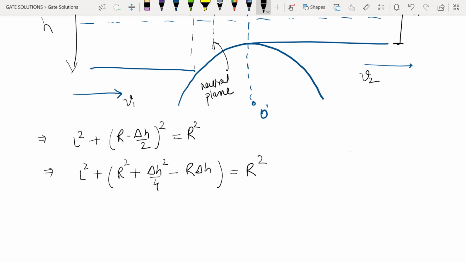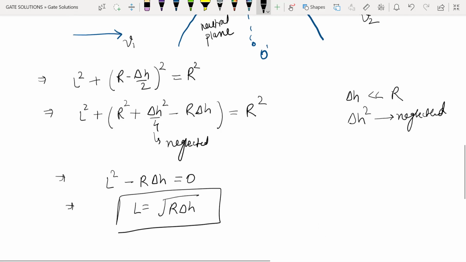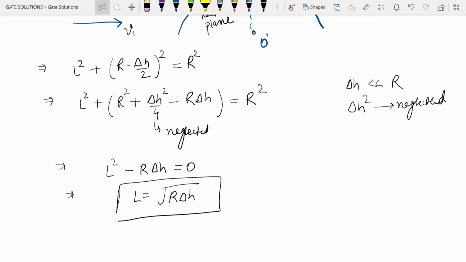Now here delta h is very small compared to r, and also delta h square will become very small and it can be neglected. So this term is neglected here, and we get L square minus r delta h is equal to 0. So L equals under root r delta h. So this is the expression for the length of contact.